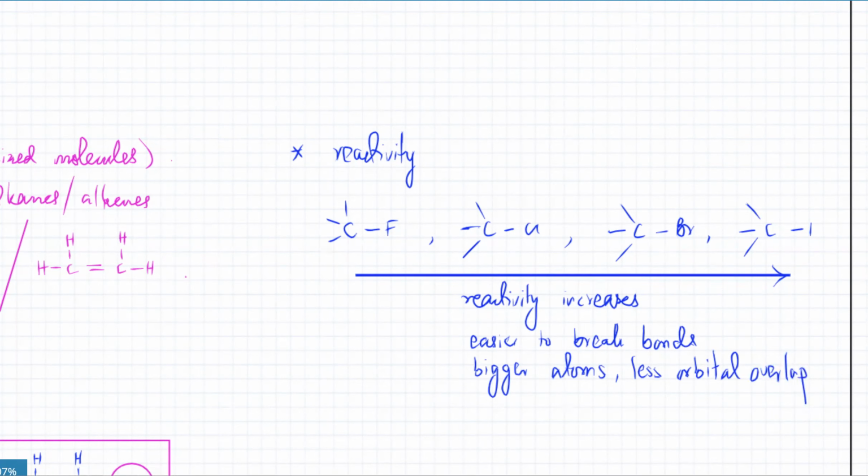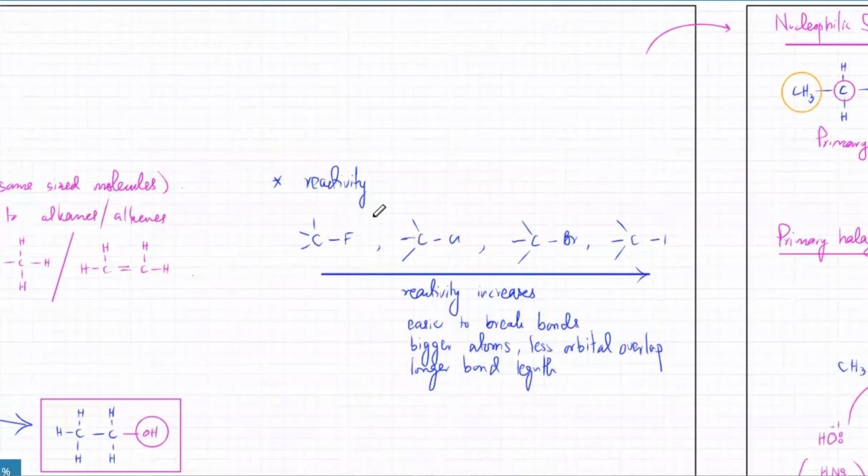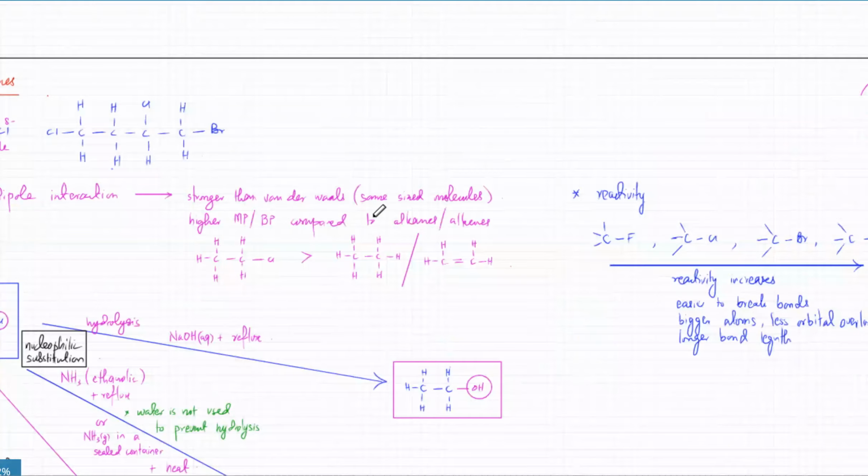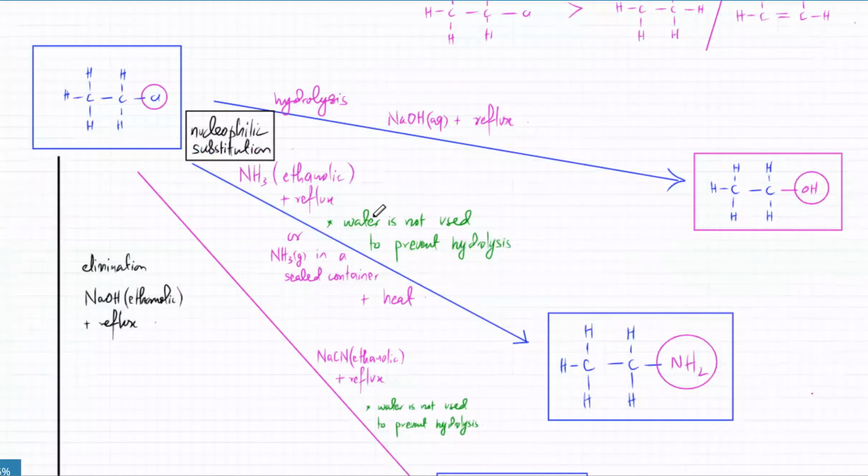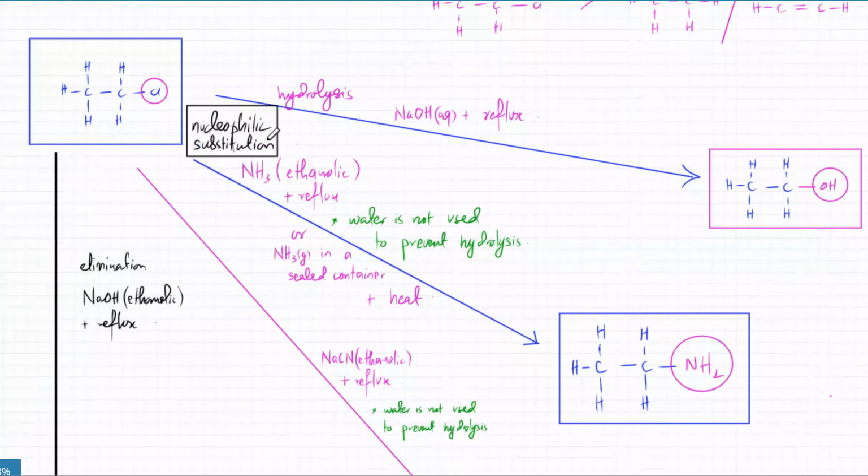So there's less orbital overlap and there's a longer bond length. So it's a lot easier to break bonds in bigger atoms. The iodine would break very easily. The fluorine bond would be very strong, so it's a lot harder to break. So when you have these substitution reactions, bigger atoms, their bonds would break very easily.